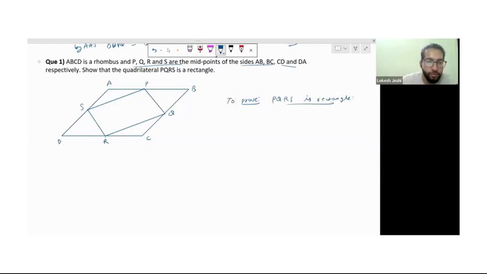So for a rectangle, we have to prove that it's a parallelogram and any one angle is 90 degrees. Okay, if we prove that PQRS is a parallelogram and any one angle is 90 degrees, then it's the rectangle. Now our proof starts there. First of all, join BD.